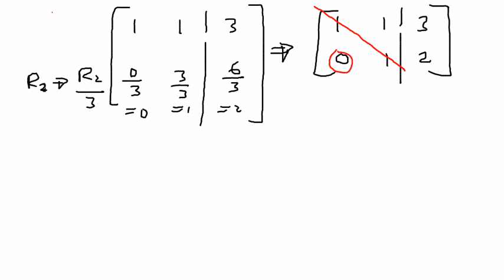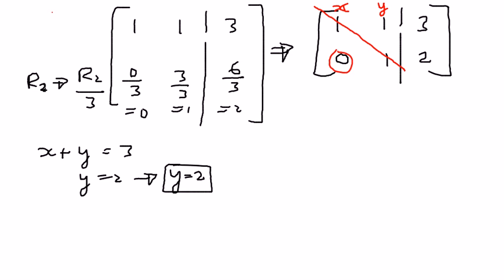Since the values on the left hand side are coefficients of x and y, let me write x and y on top. That gives 1x plus 1y is equal to 3, and in the second equation y is equal to 2. So we have the answer right here for y, which is equal to 2.